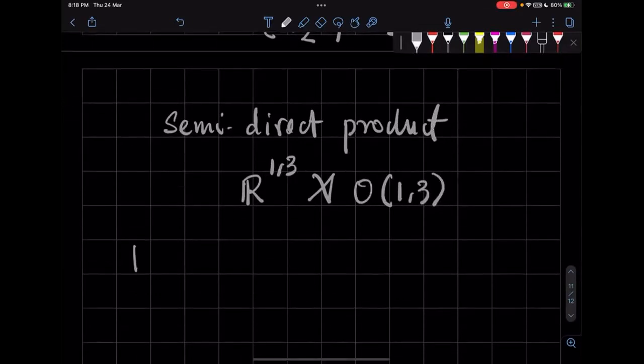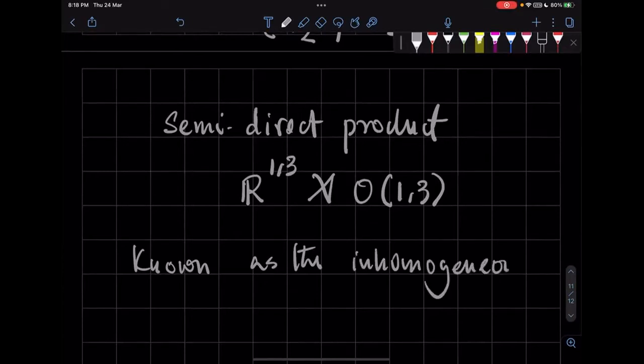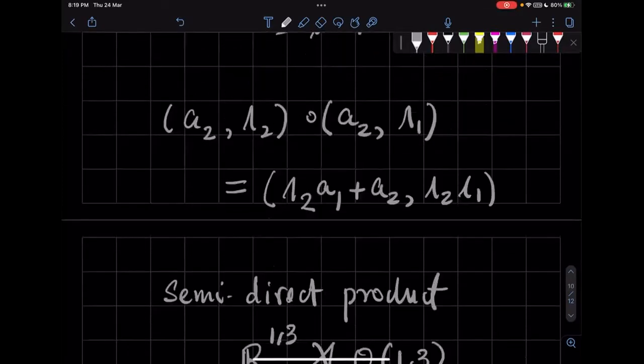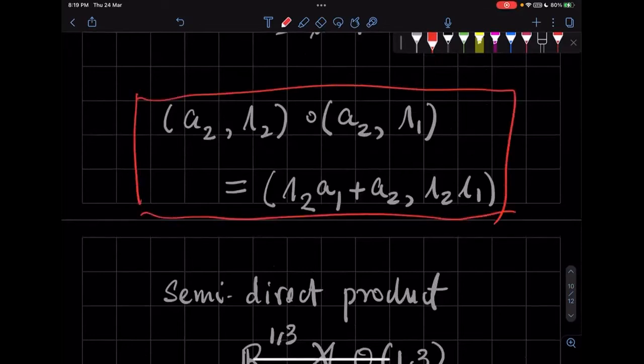This is also known as the inhomogeneous Lorentz group. Okay, so this is an important formula. All right, I think this is a good place for us to take a break, but let's have some questions first.